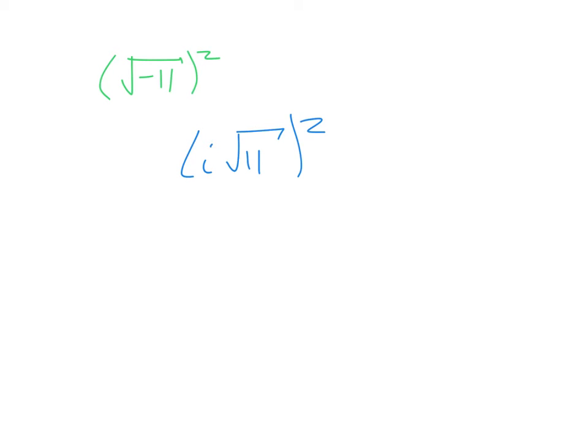Okay, so now, when we square i, we get what? And when we square 11, or square the square root of 11, we get what? Okay, and so then what is i squared? -1. So this one actually worked out, but I would be careful. So it is -11. But make sure that you change an imaginary number to an imaginary number first.